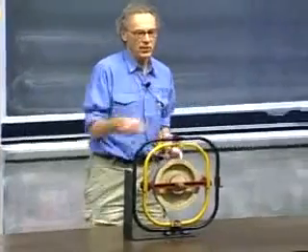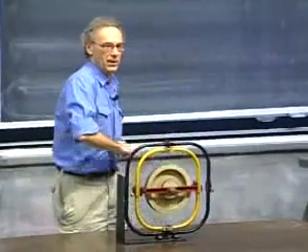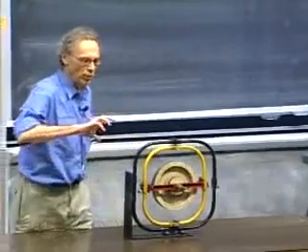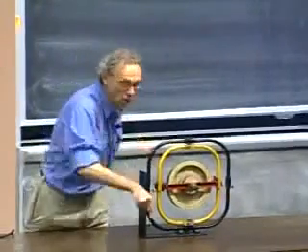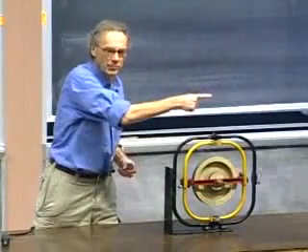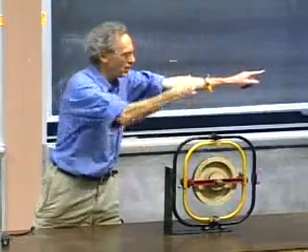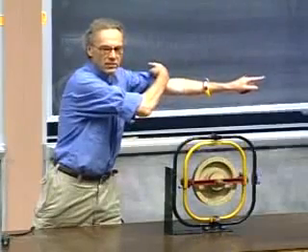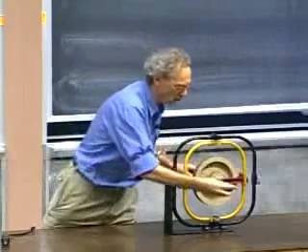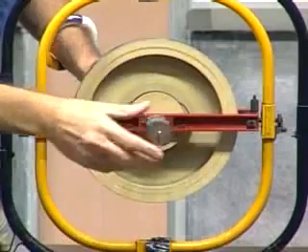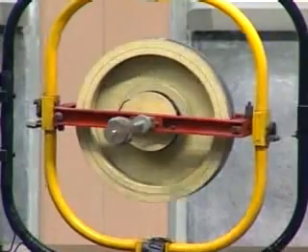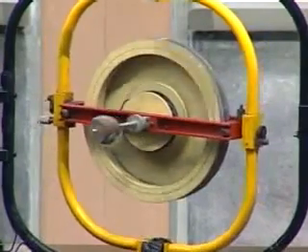It is spinning in this direction. Angular momentum is pointing straight at me, away from you. I'm going to put a torque on like this, putting a weight there. Torque will be in this direction. What will the spin angular momentum do? Torque is in this direction, spin angular momentum is in this direction. Spin angular momentum will start to chase the torque. Watch it. There it goes. The spin angular momentum is chasing the torque.